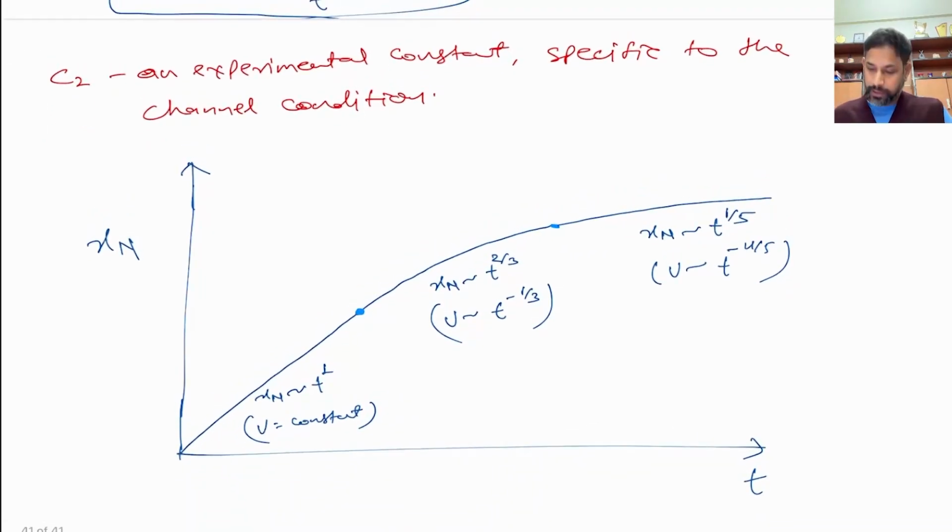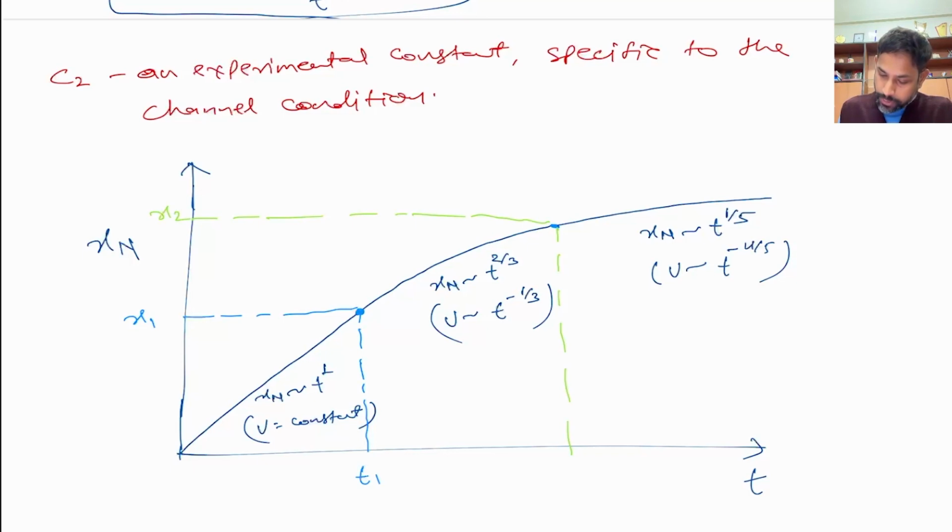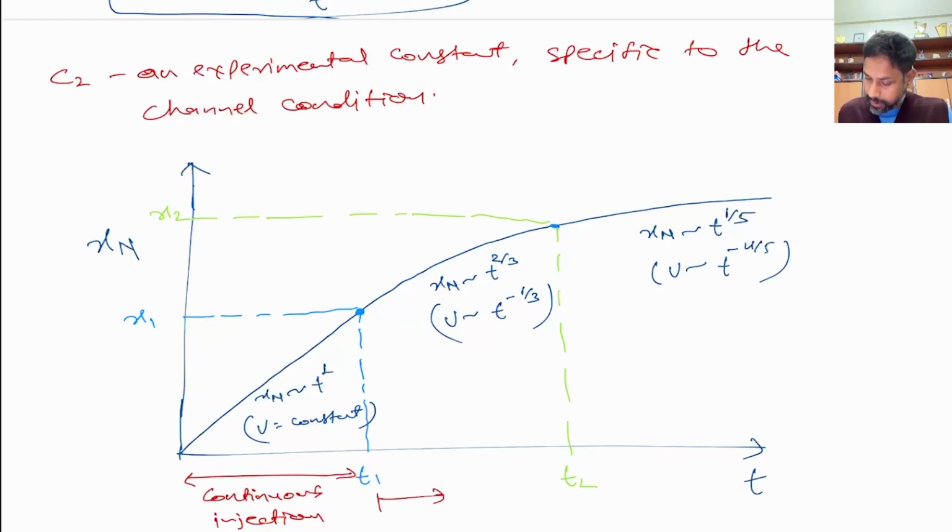Okay, so these are the different zones we have. You can call this point x1 and t1, and this point x2 and t2. We assume this zone as continuous injection, and from here is the shutdown stage.